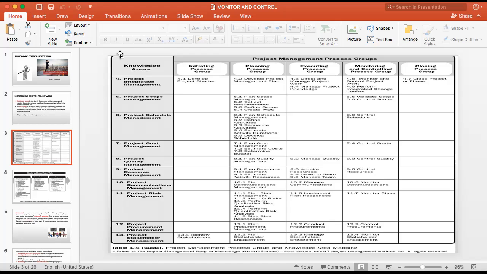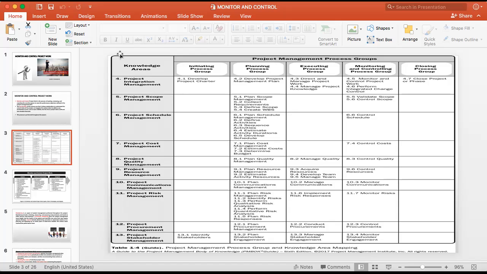That is the monitoring and control process of project integration management. It has the responsibility of integrating all the other control information that you get from the other processes.